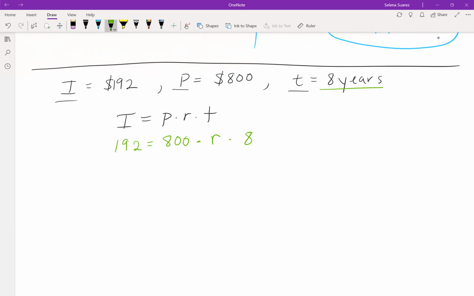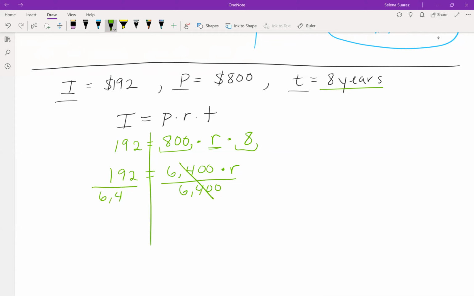Now we have to solve for R. Wherever the equal sign is, you're going to separate your sides. On the right-hand side, I can multiply the 800 and the 8 because both of these numbers are multiplying. If I multiply those together, I end up with 6,400, and I still have the R there, so times R. Now I have multiplication, so you have to do the opposite, divide by 6,400, and cancel it.